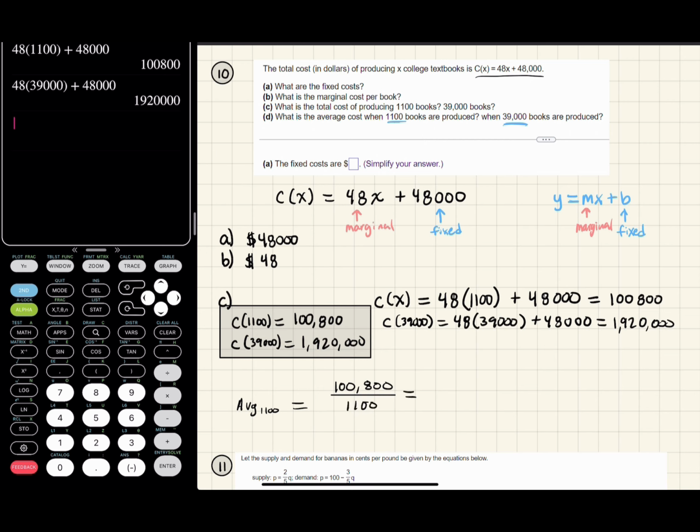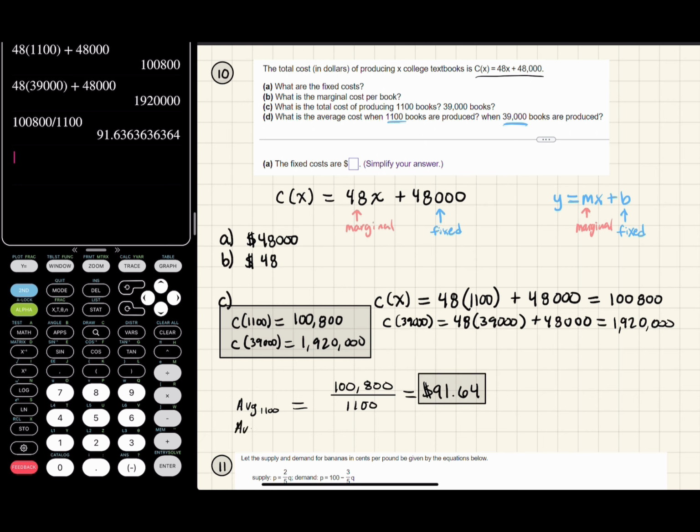Let's see what that gives us. 100,800 divided by 1,100 gives us an average cost of $91.64 if we round, per book. Okay.